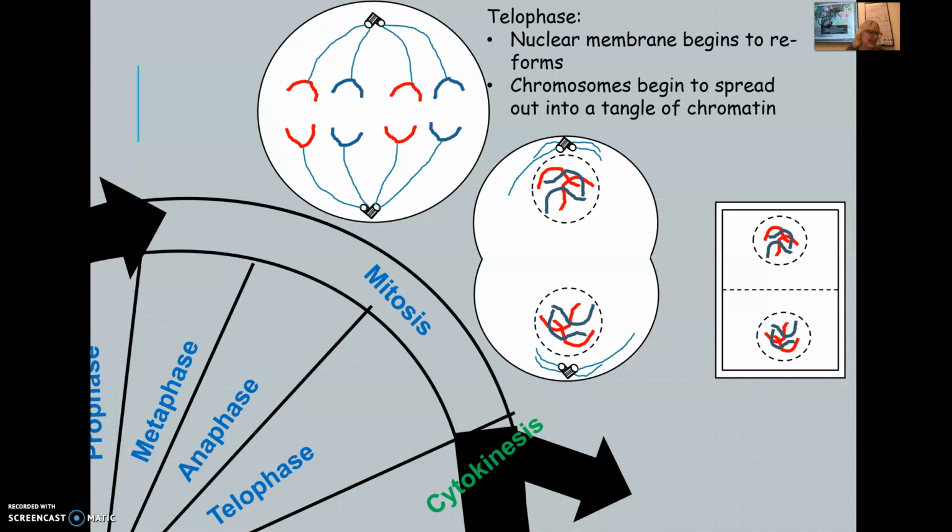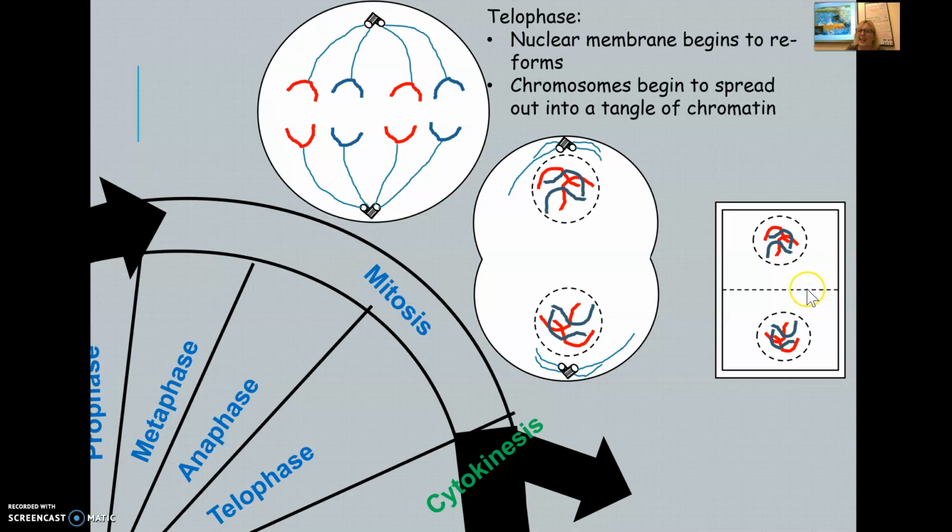Now, you'll notice that I did two cells side by side because up to this point, plant and animal cells are really similar to one another, except that plant cells don't have the ability to pinch in. You can almost look to see, oh, it's beginning to look like two cells are formed. But plant cells, remember, have a cell wall, and so they cannot pinch in towards the middle.